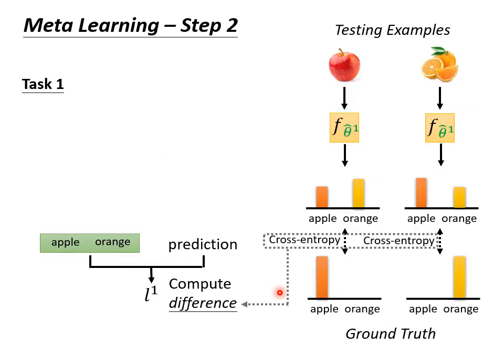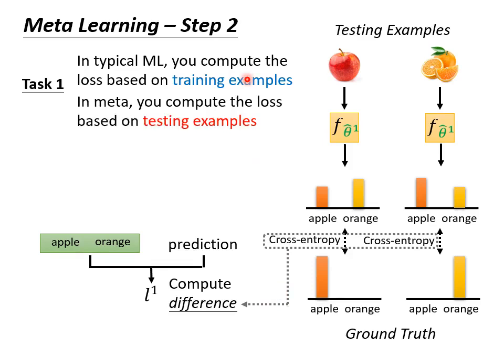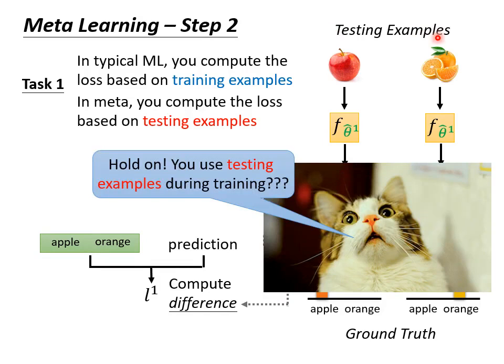So you can find that how we compute a loss in machine learning and meta-learning is very similar. But there is a very subtle difference. In typical machine learning, we compute the loss on the training example. But in meta-learning, we compute the loss on the testing example of a training task. You may feel very surprised, because in all the machine learning courses, you always learn that we cannot use testing examples during the training.